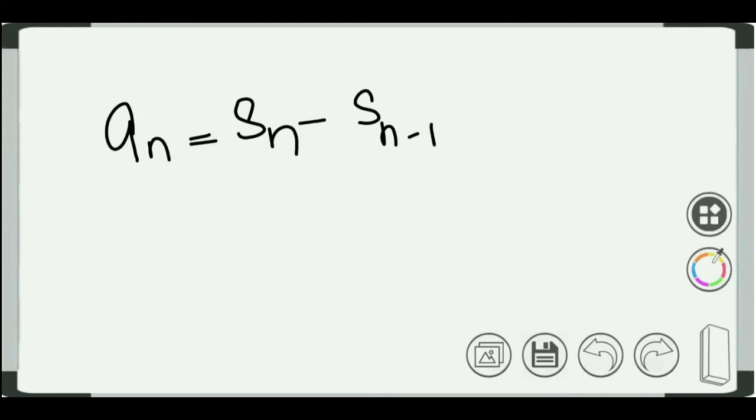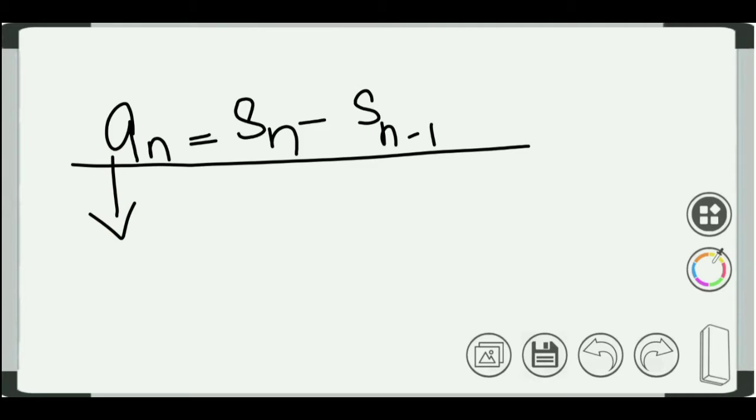Now you can note another important point. An is equal to Sn minus Sn minus 1, which means the nth term of an AP is the difference between the sum of n terms and the sum of n minus 1 terms.